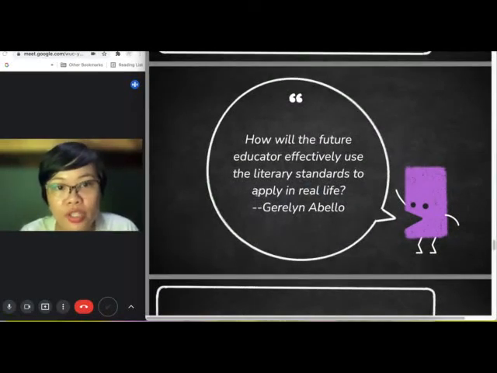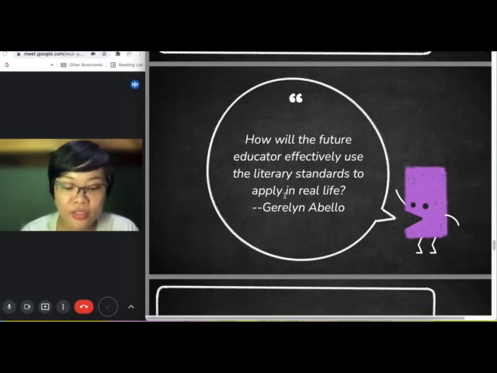How will the future educator effectively use the literary standards to apply in real life? Number one, how will you use the literary standards in your life? Number one, be a reader. Read the bestsellers, read the classics so that you will fully understand what the literary standards are if you read those books that are considered classics and standards, the best of the best in their genres.